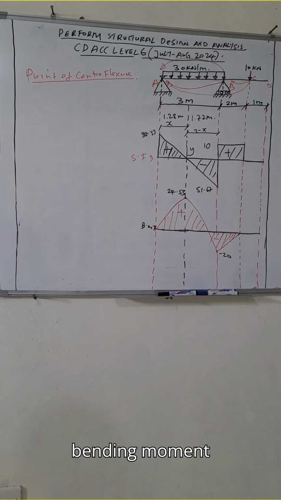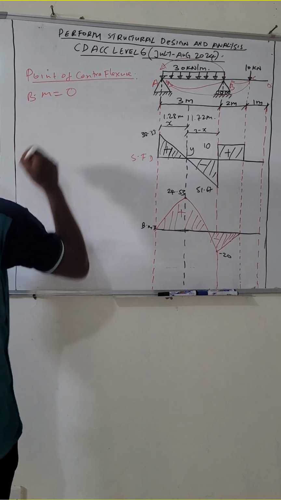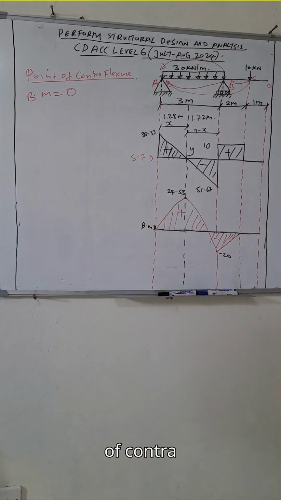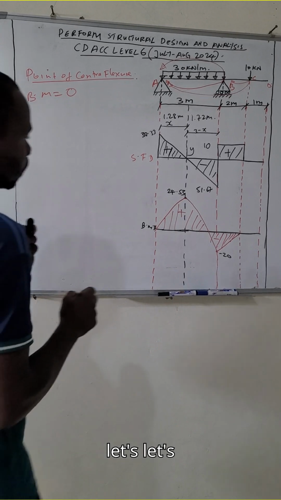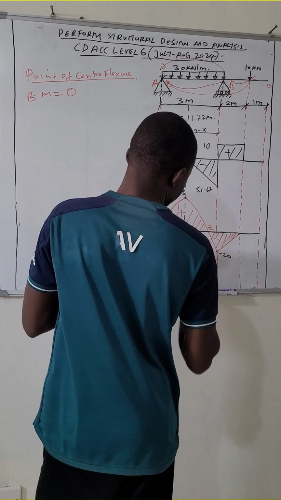So the bending moment is equal to zero at the point of contraflexure. Let's say this point is Z.